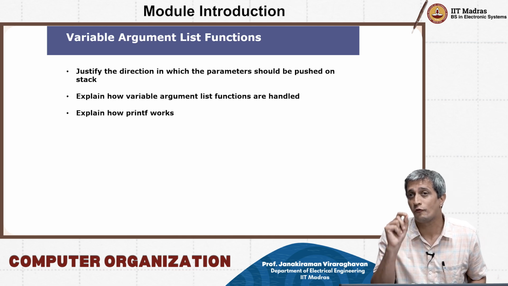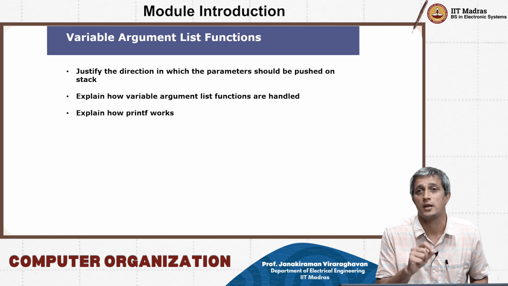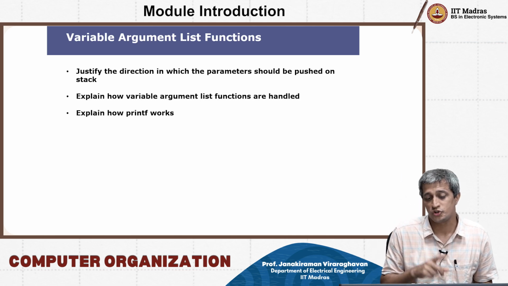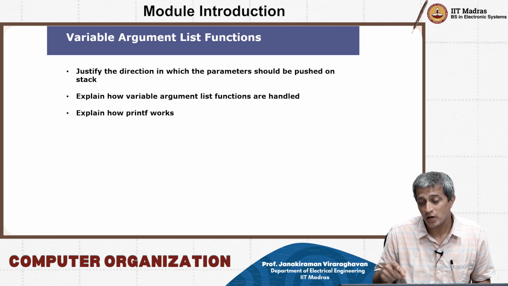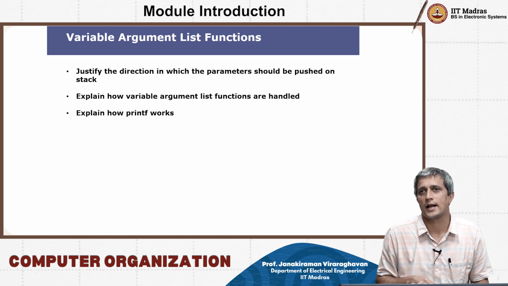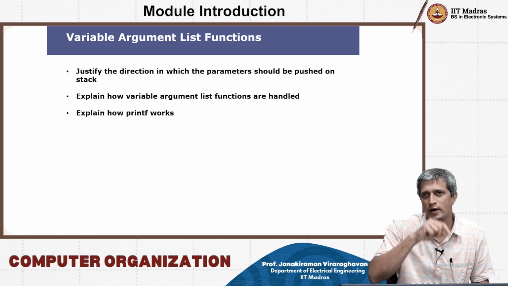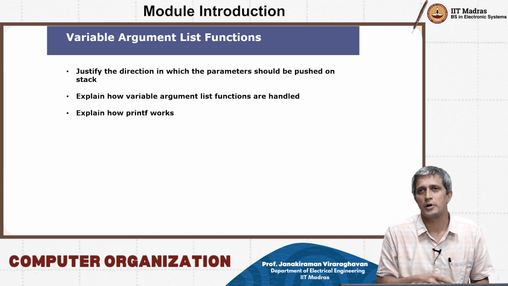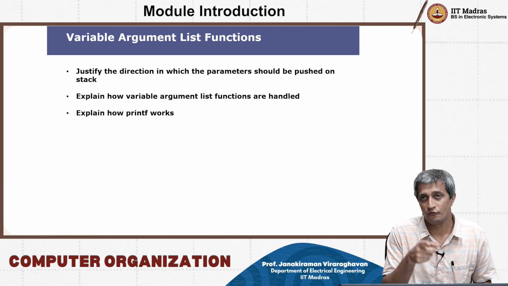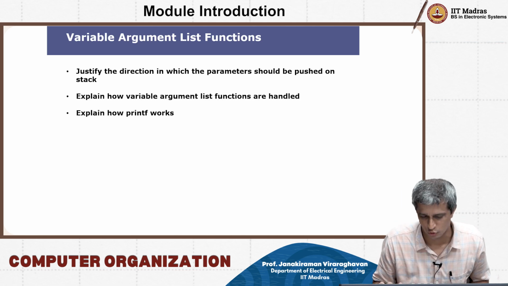You don't have to fix the number of arguments a priori. Okay, so you should be able to justify the direction in which parameters should be pushed onto stack. Okay, so it turns out that when you pass a parameter to a function, you end up pushing something onto stack, but you cannot push it in any direction. We'll discuss why that is the case in this course.